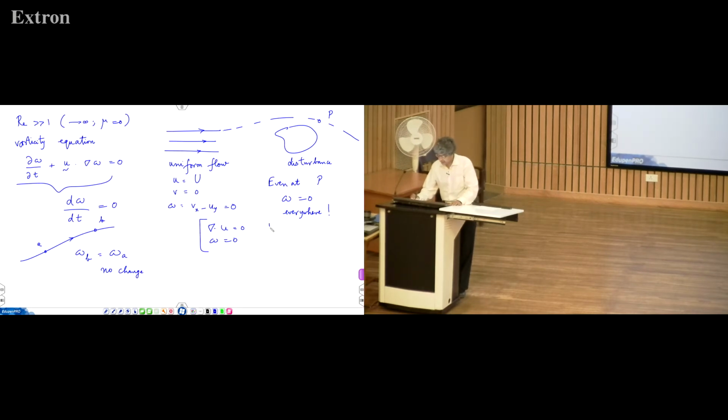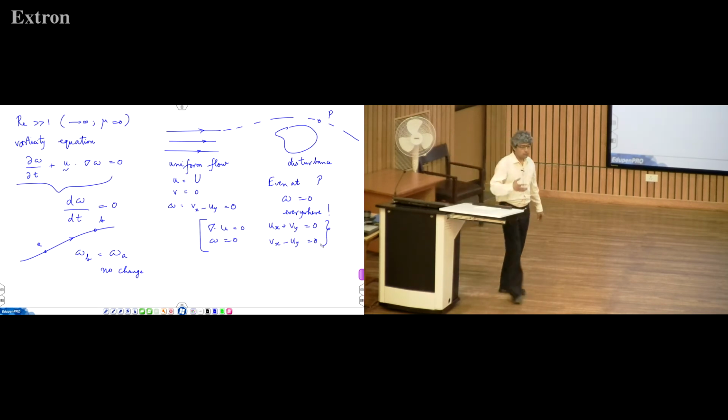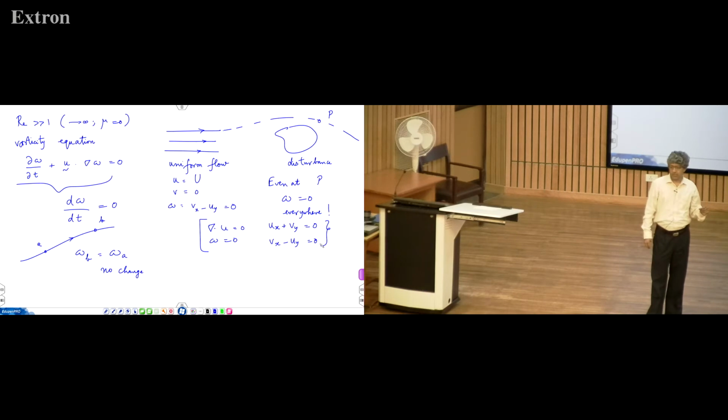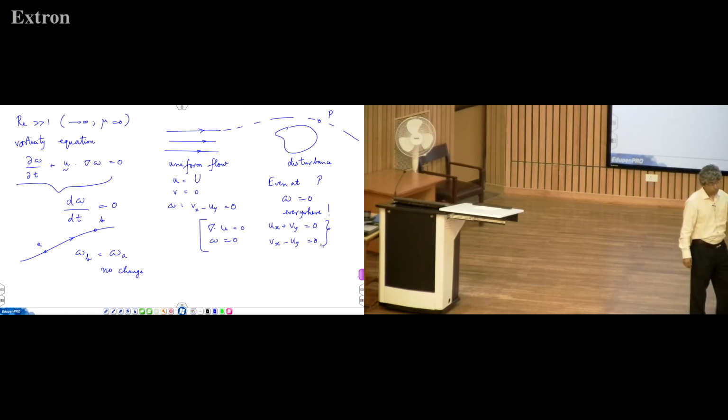Let us write it in Cartesian coordinates: u x plus v y equal to 0 and v x minus u y equal to 0. You have a system of linear equations in u and v. You can solve these two. There is no complication of pressure, there is no pressure in this equation.